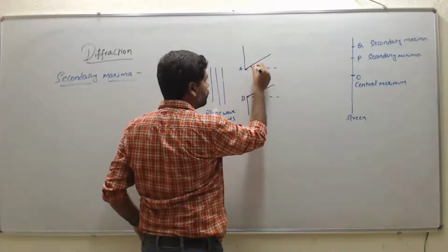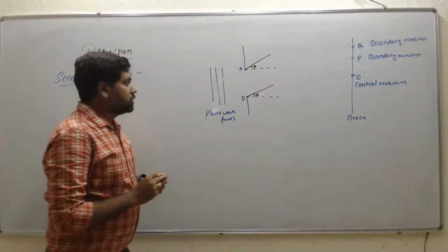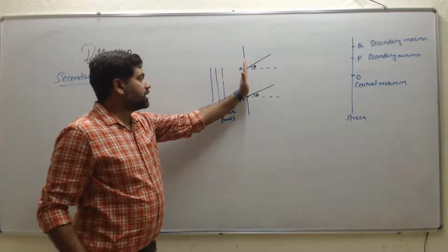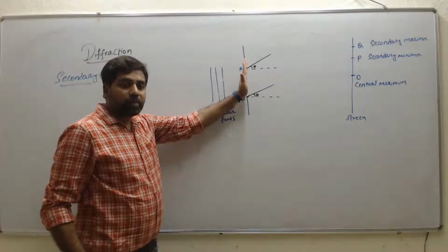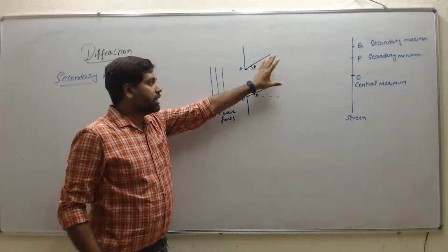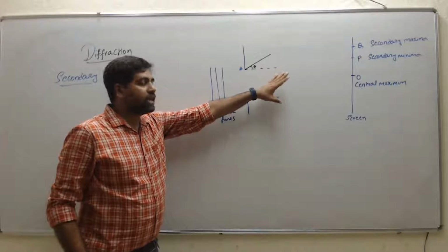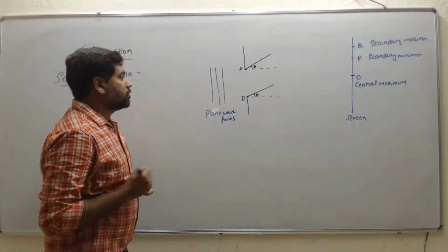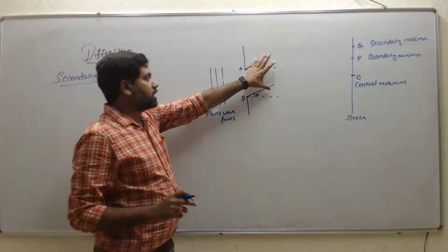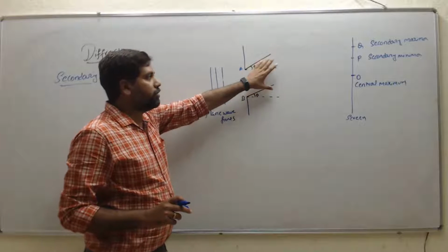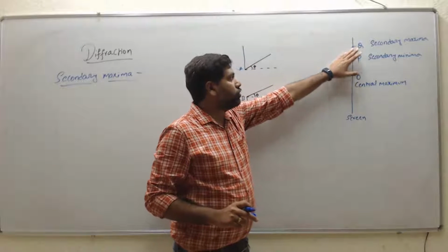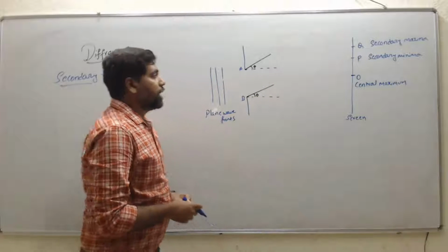Here it is also theta, and when these wavefronts strike at AB, then AB becomes the wavefront. From here the wavelets emerge in all directions. Here we are going to find the maxima. The rays coming from the wavefront at A and B will reach the point Q, and when they reach the point Q, we get the secondary maxima.